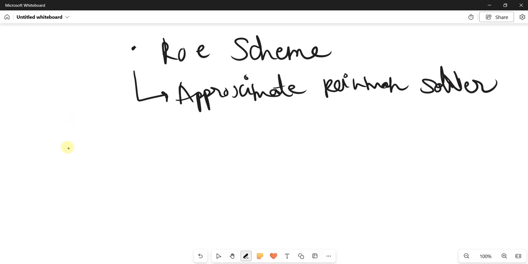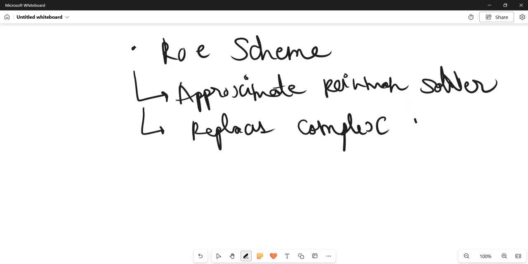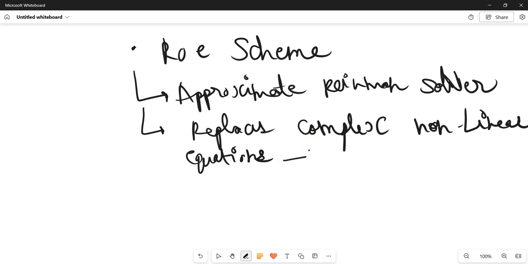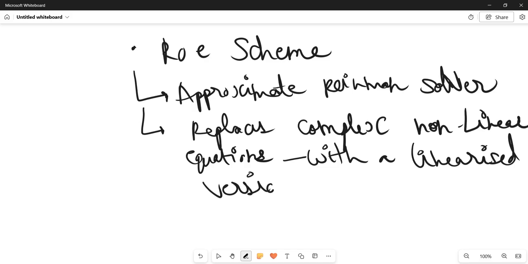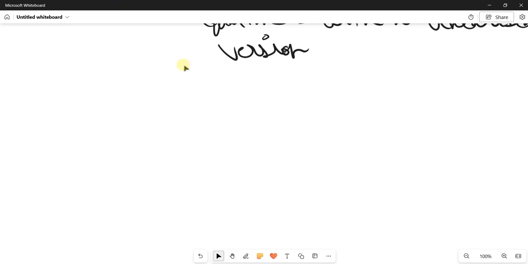It replaces complex nonlinear equations with a linearized version, which makes it easier for the solver to solve. This is fast because you are approximating and converting into linear equations.